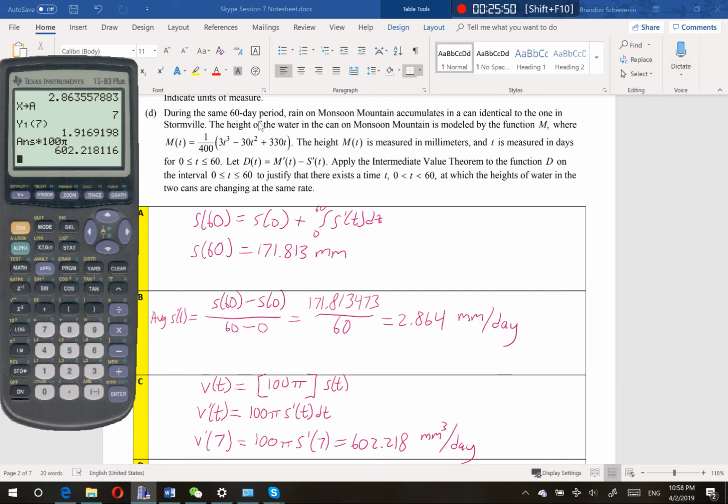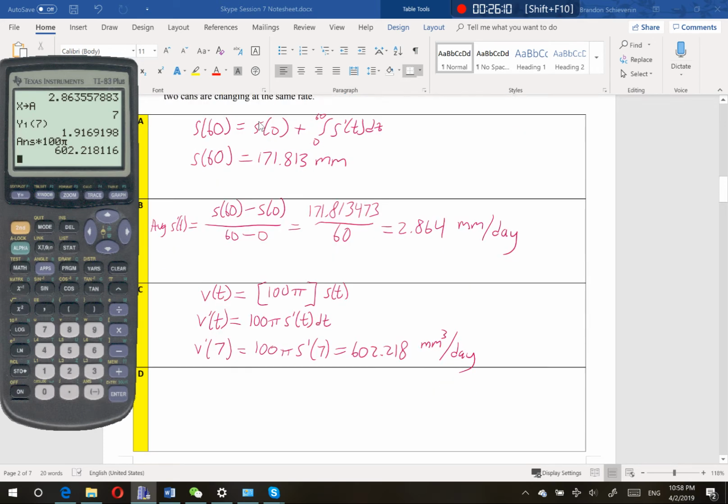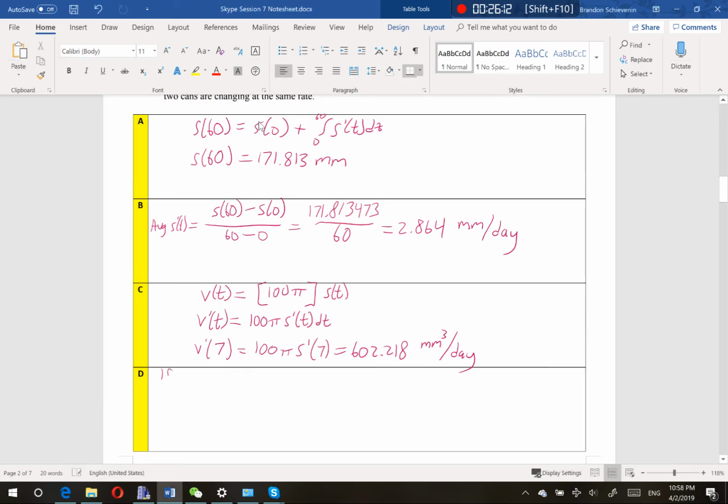If they were changing at the same rate, what would d of t have to be equal to? Zero. Cool. So I'm going to write that as my first step. If m prime t equals s prime t, then d of t equals 0.